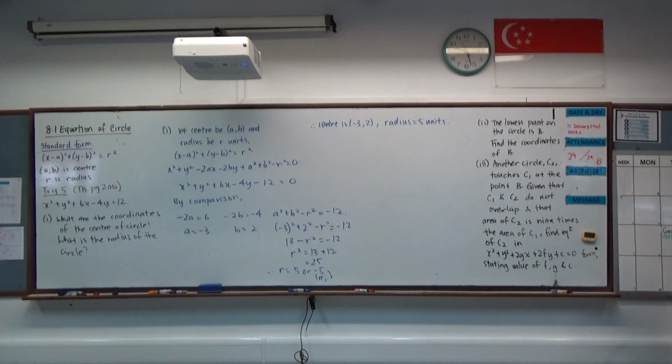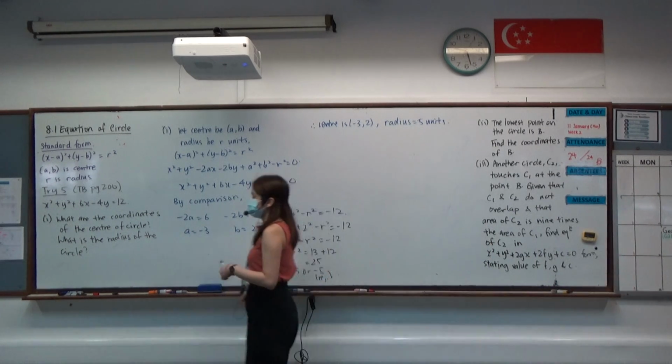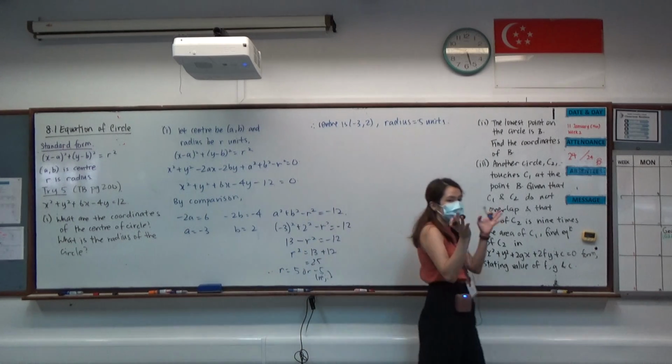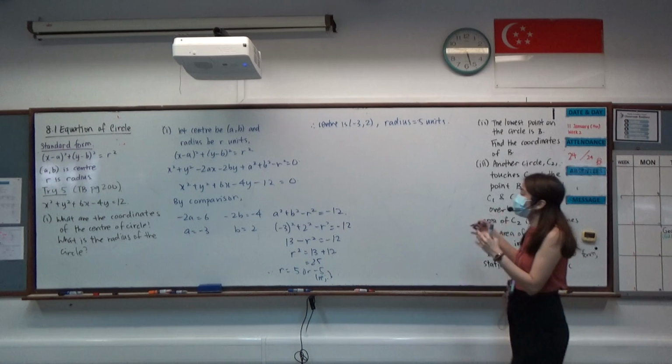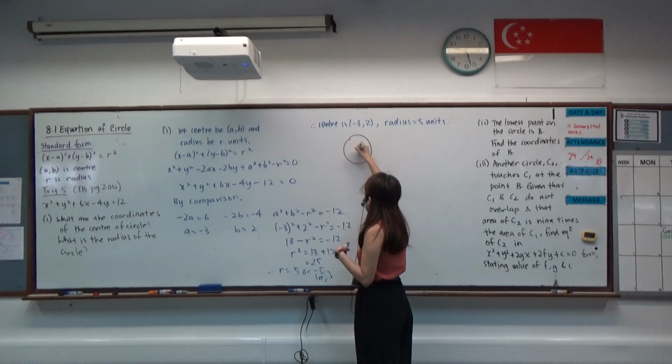Okay, let's take a look at part 2. The question says that the lowest point on the circle is B. Find the coordinates of B itself. So how do we go about doing that? How do you imagine this circle to be like? If you can't understand the question, we can draw one circle.